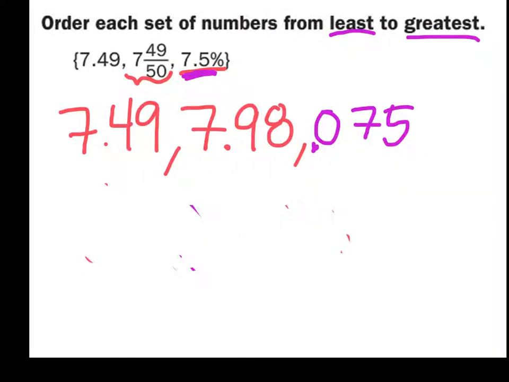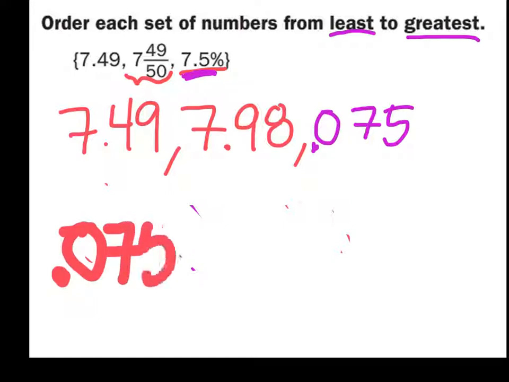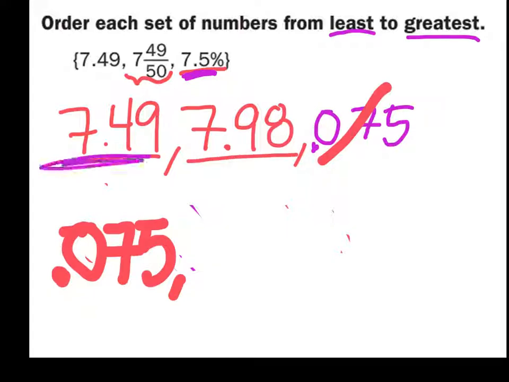All right. So which of these has the smallest value? Yeah, 0.075. So we've used this one. The next one. What is the next biggest? We've only got these two numbers. Which of these two are bigger? The middle one. Yeah, very good.